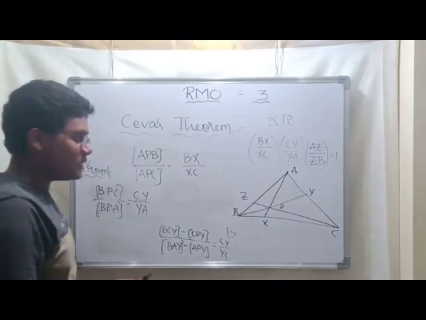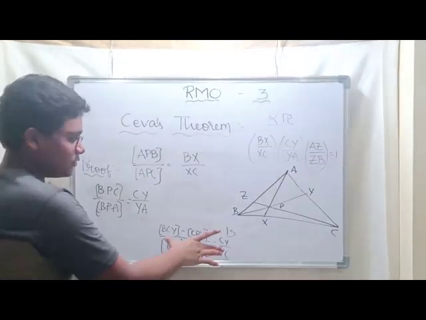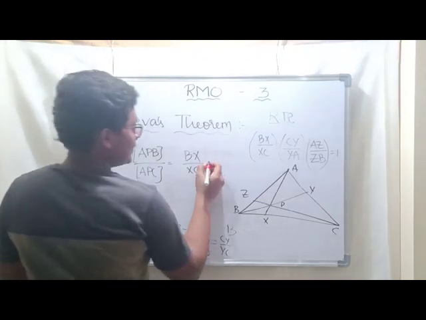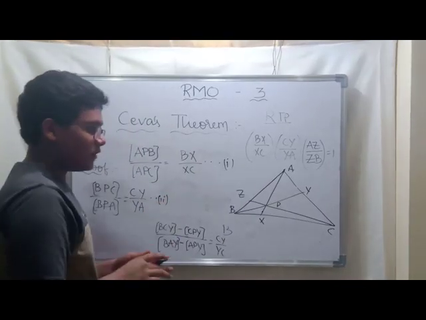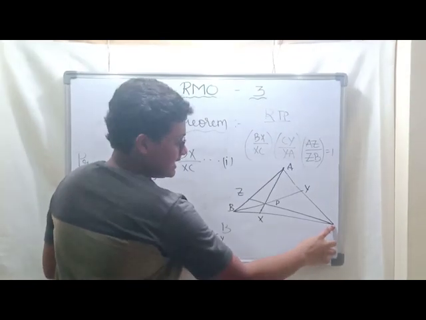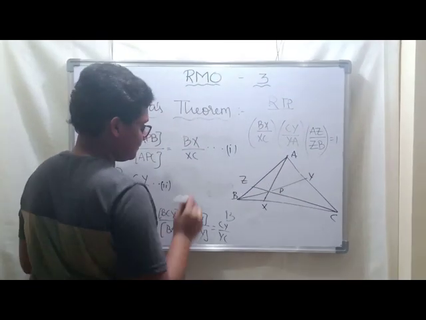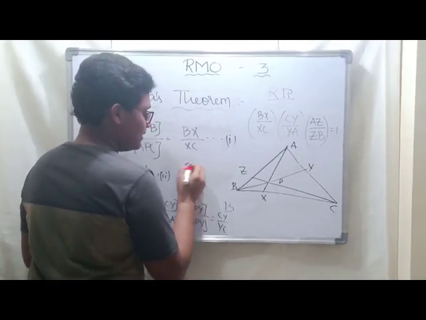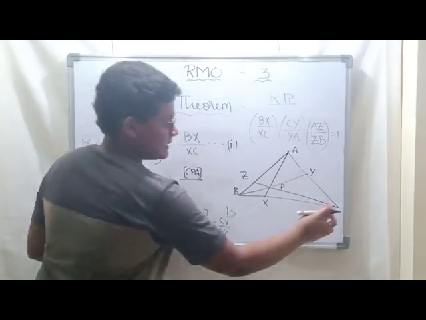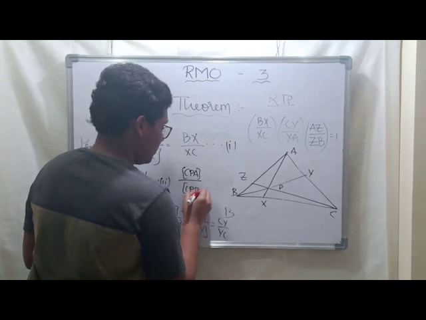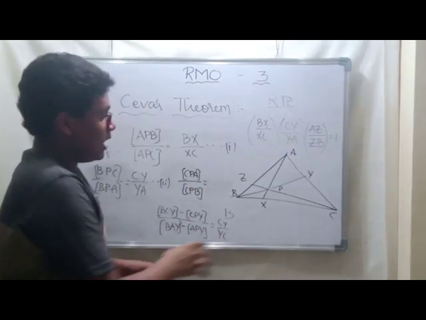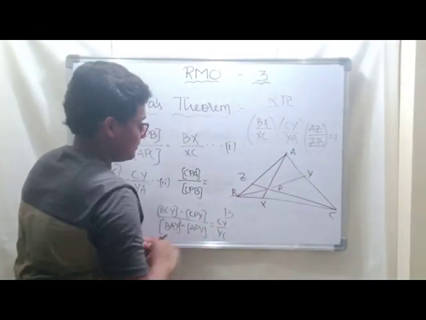Similarly, using the same process which we used in the first equation and second equation, we'll use it for another one. Then CPA by CPB is equal to AZ by ZB.